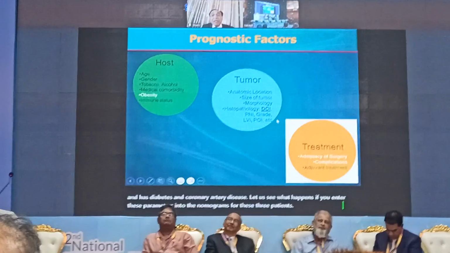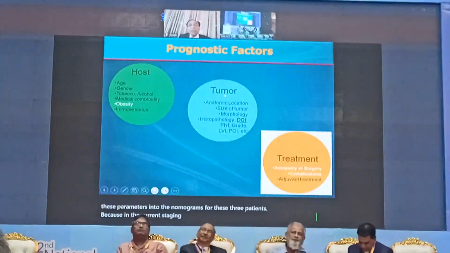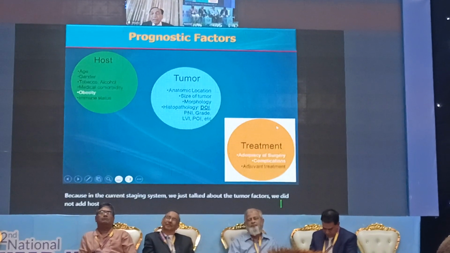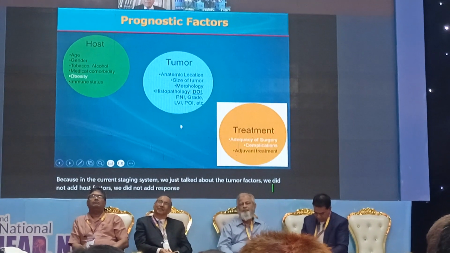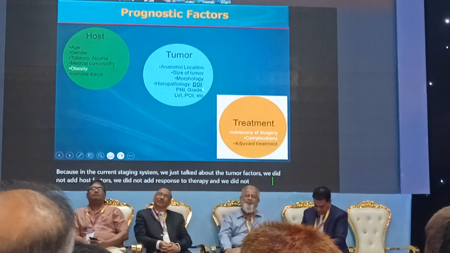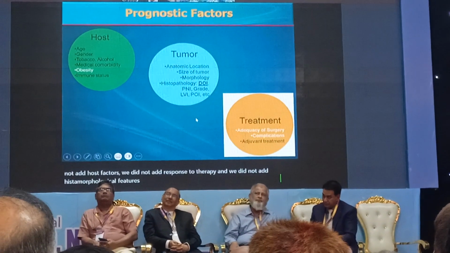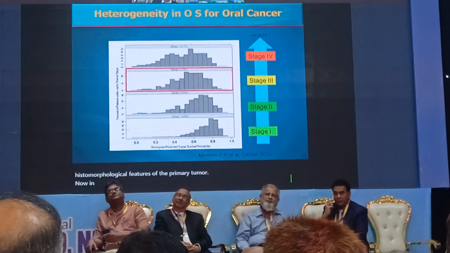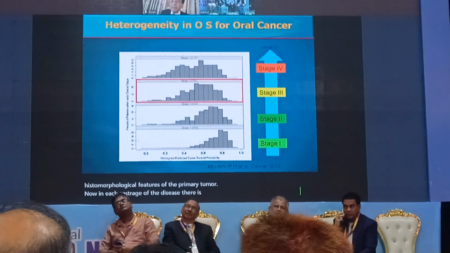Because in the current staging system, we just talked about the tumor factors. We did not add host factors, we did not add response to therapy, and we did not add histomorphological features of the primary tumor. Now, in each stage of the disease, there is inherent variability.